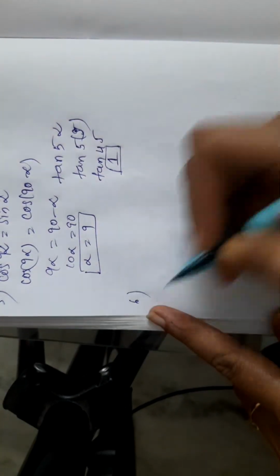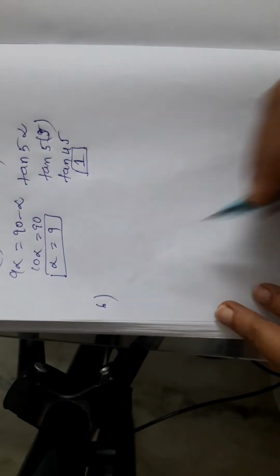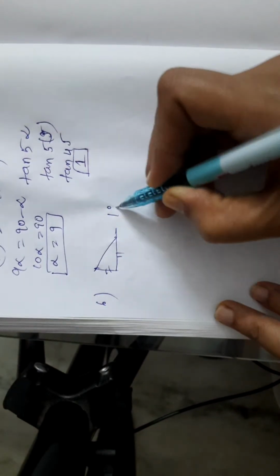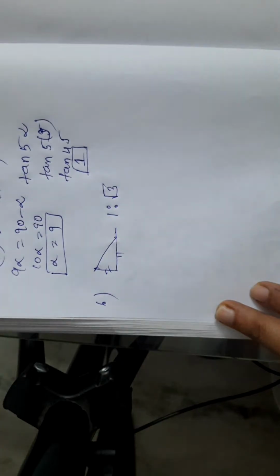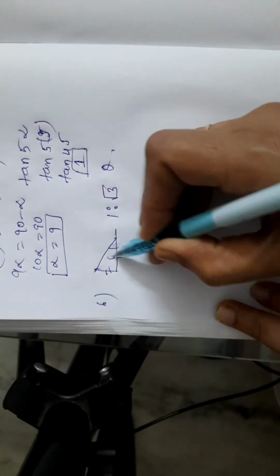Then the sixth question, this you can answer on your own. Question number 6 is given: ratio of length of rod to the shadow. Rod to the shadow, the ratio is given as 1 ratio root 3. Find theta. Say it fast.